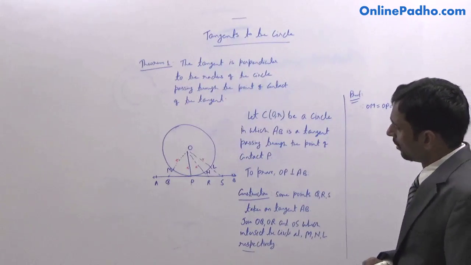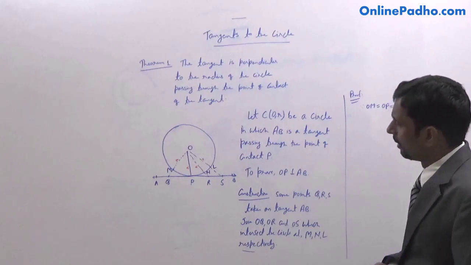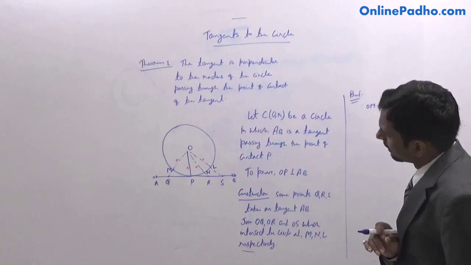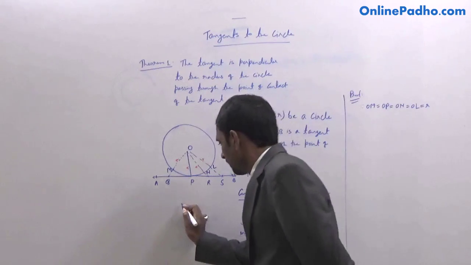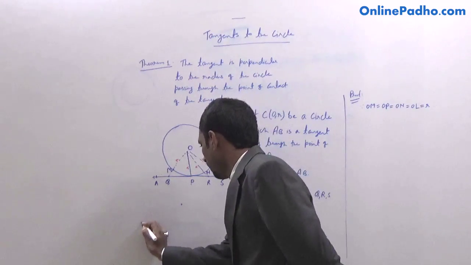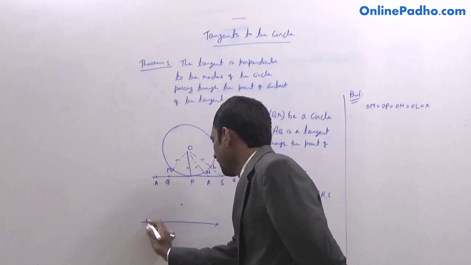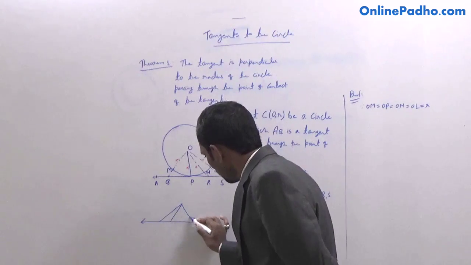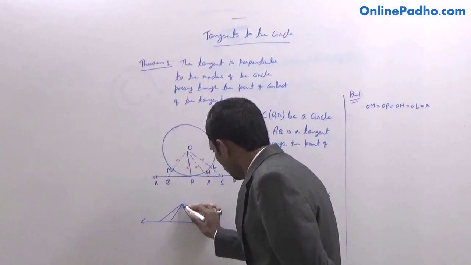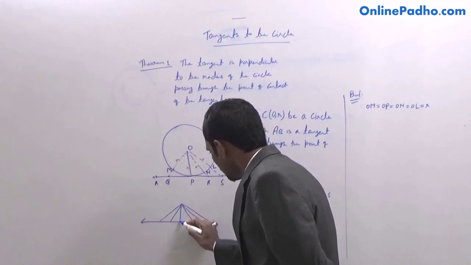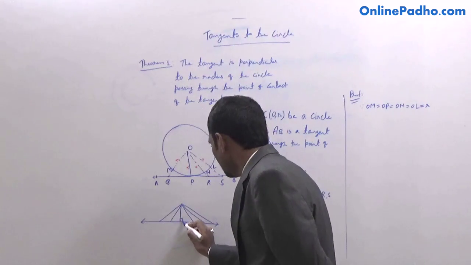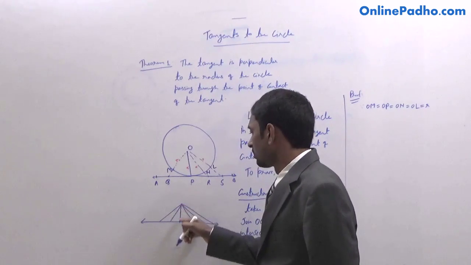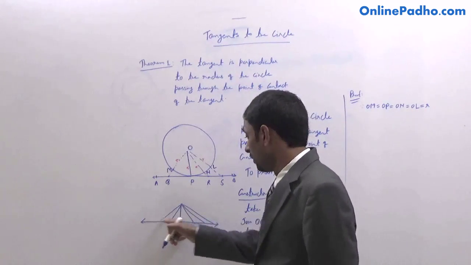Now, we need to prove OP is perpendicular to AB. How can we prove this? Now we can say, if from any point outside a line you draw some line segments to this line, the shortest one must be perpendicular to this line.